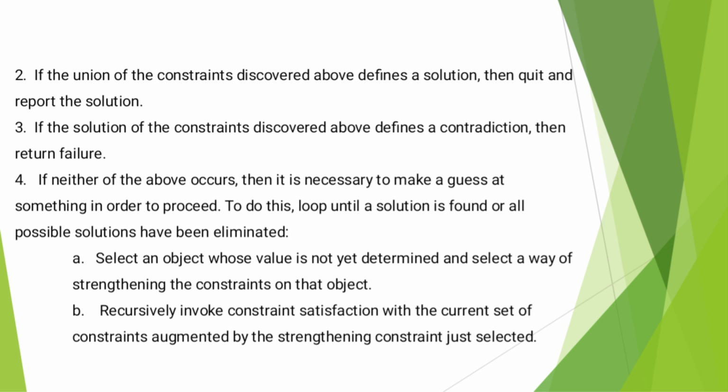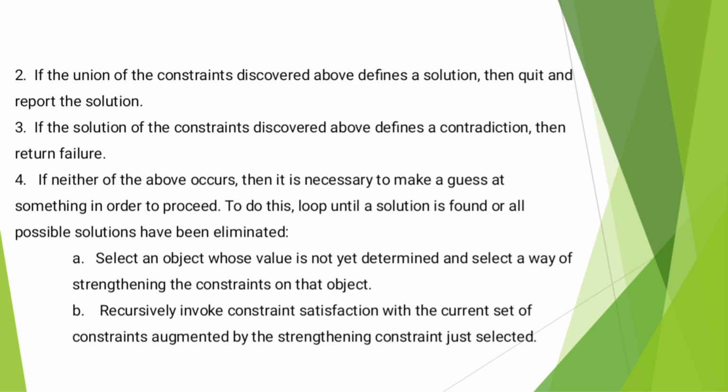If neither of the above occurs, then it is necessary to make a guess at some point in order to proceed. To do this, loop until a solution is found or all possible solutions have been eliminated.